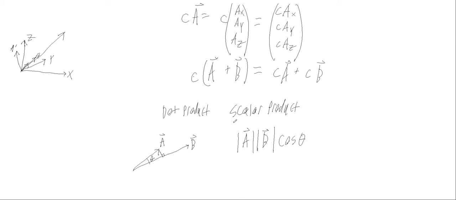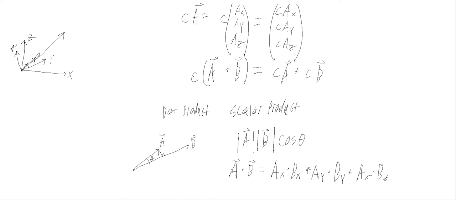And this is the same thing as A dot B, and that will equal the x component of A times the x component of B plus the y component of A times the y component of B plus the z component of A times the z component of B. And this could keep going depending on what the dimensionality of your vector is.